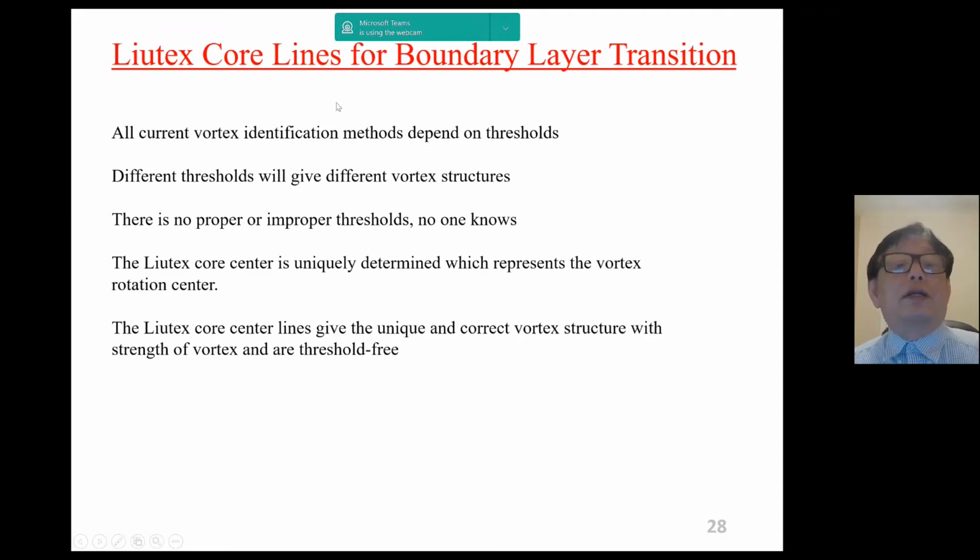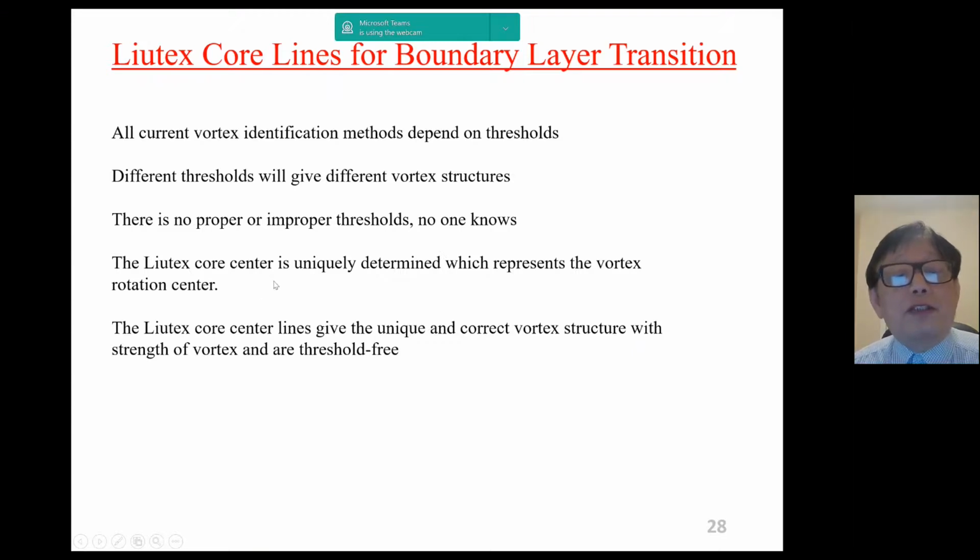Now we look at the Nutex core line for boundary layer transition. All kinds of vortex identification methods depend on thresholds. Different thresholds will give different vortex structures. There are no proper or improper thresholds. No one knows.